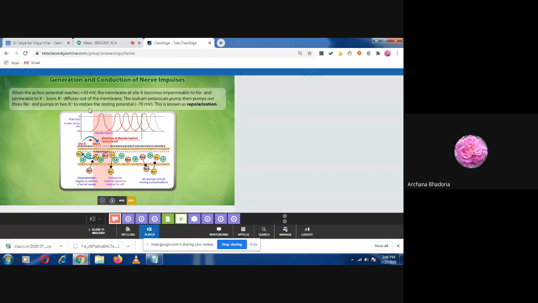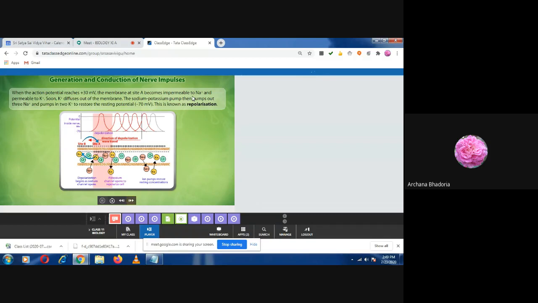Now write down: the sodium potassium pump then pumps out 3 sodium ions and pumps in 2 potassium ions to restore the resting potential.